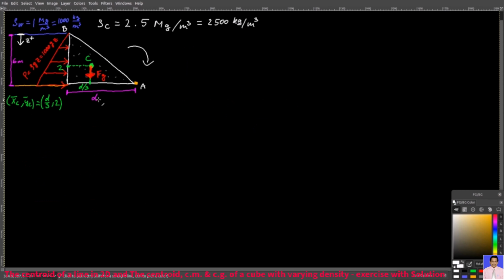Welcome back. So we have our centroid and also our center of mass and center of gravity for our cross section, and you will see why we needed that in the first place. Let's now calculate the minimum d that will keep the gravity dam in place. The function of the pressure that the dam experiences is in pascals, so in newtons per meter squared. However, what I want to get is newtons over meters.